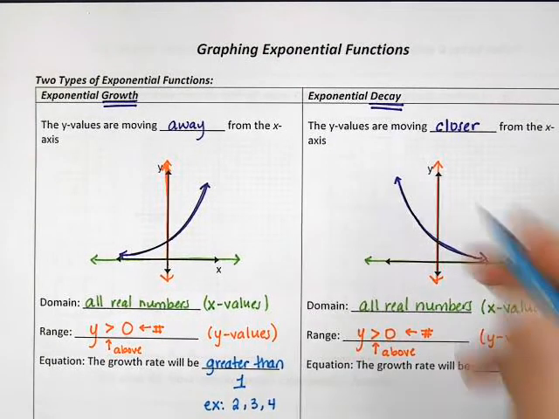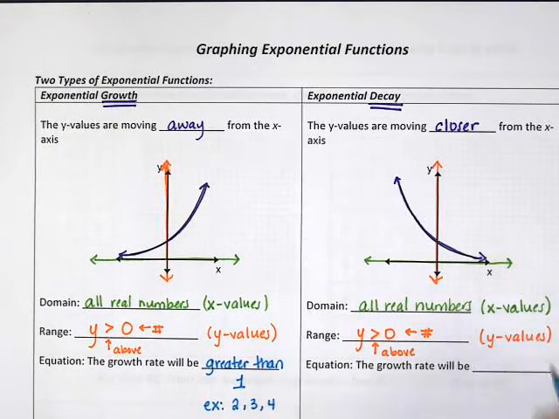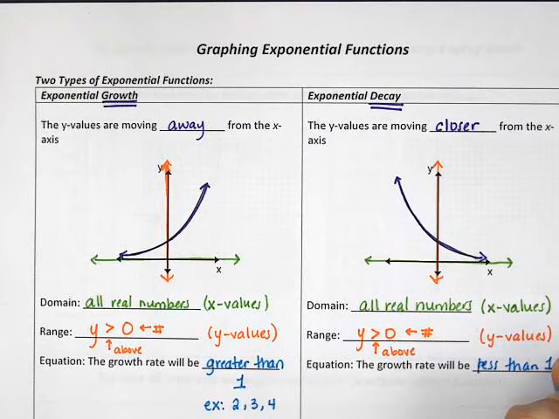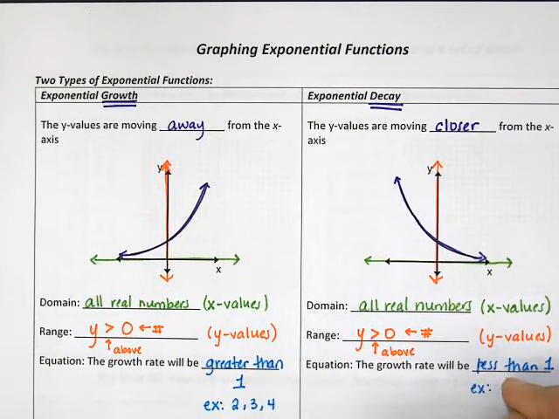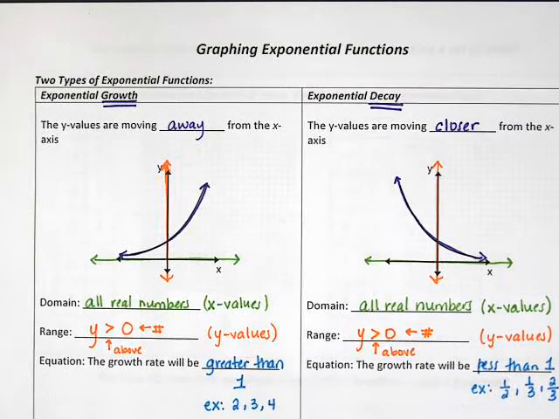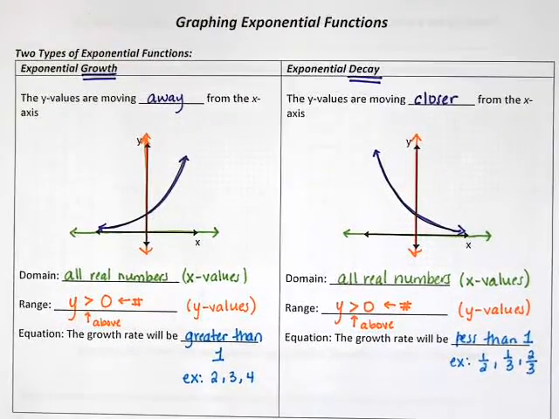If our graph is getting flatter and it's getting closer to the x-axis, then our growth rate will always be less than 1. So for example, it could be 1/2 or 1/3 or 2/3. Those would all be smaller numbers than 1.